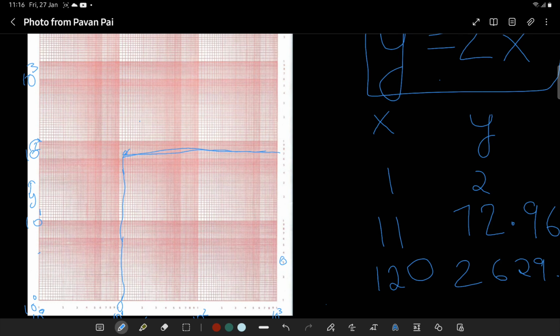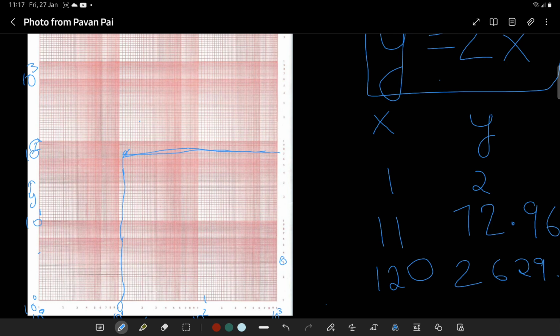Now next go for third point. Here it's 1.2 into 10 power 3 on the x-axis. Therefore, 1.2 into 10 power 2, I'm sorry, I'm mistaken again. Yeah, 1.2 into 10 power 2, the point will come approximately here on the x line, and on the y line we'll get 2.629 into 10 power 3, that is 0.629.